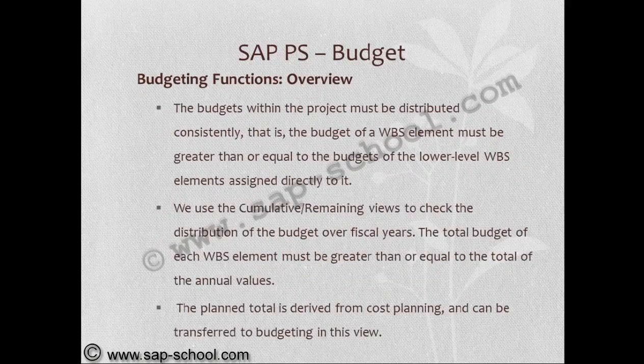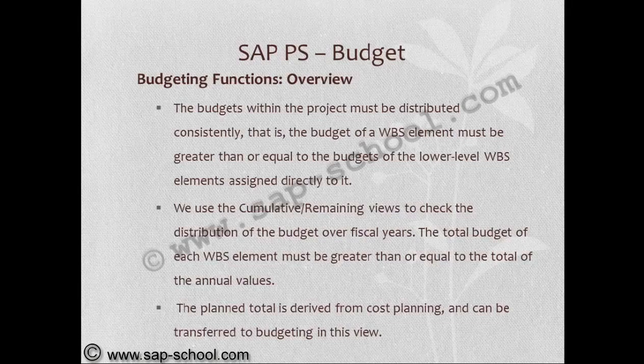The budget within the project must be distributed consistently. That is, the budget of a WBS element must be greater than or equal to the budgets of the lower level WBS elements assigned directly to it.